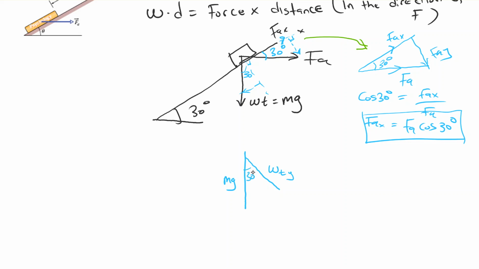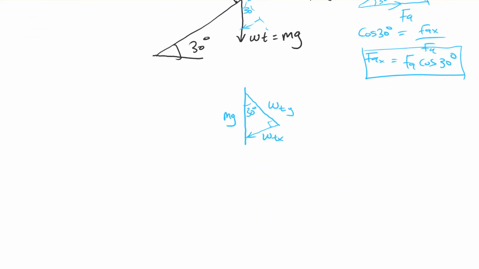This is 30 degrees, and then the one parallel to the plane, but in this case going in the downward direction, we'll call weight X. Taking a look at this right angle triangle, we see that the relationship between mg and weight in the x direction is given by sine 30.